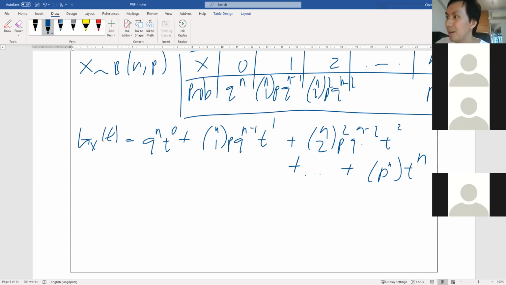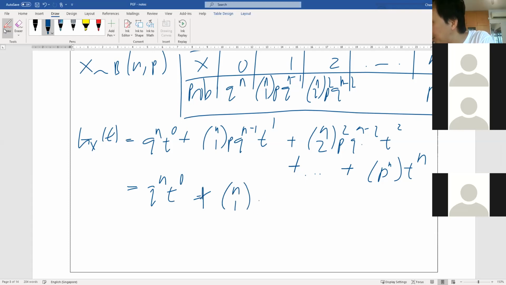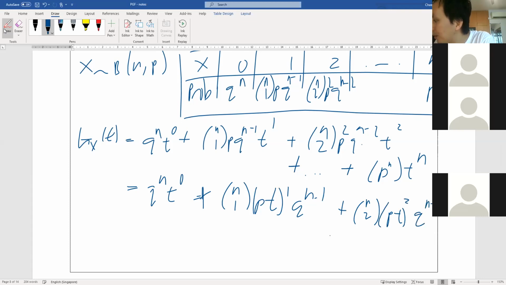Okay, then I can actually rewrite this into another term. So I will group, see how I group. So you have q to the power n t to the power of 0 plus n choose 1 p t to the power of 1 q to the power n minus 1 plus n choose 2 p t squared q to the power n minus 2 plus dot dot dot plus n choose n p t to the power n.